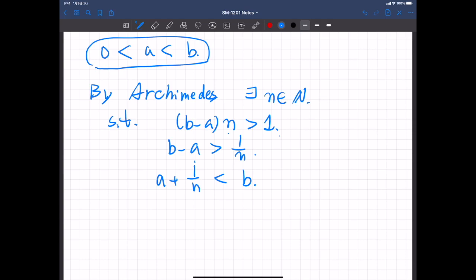We can find that 1 over n times m is greater than a. So this m is a natural number. We apply Archimedes principle to this number and this number.